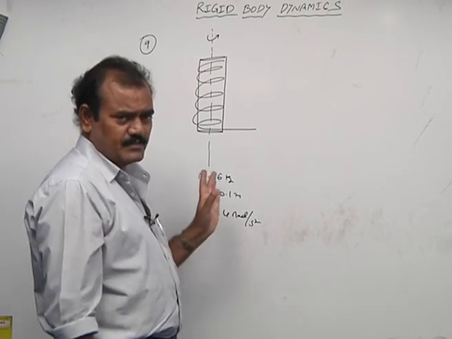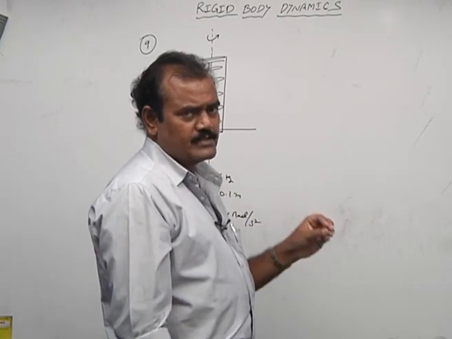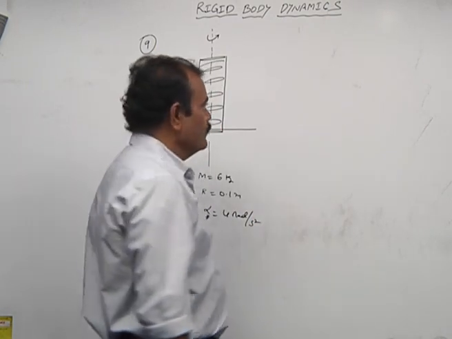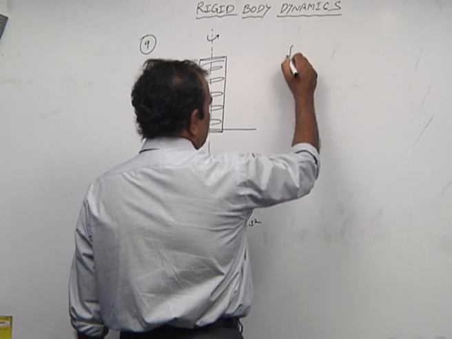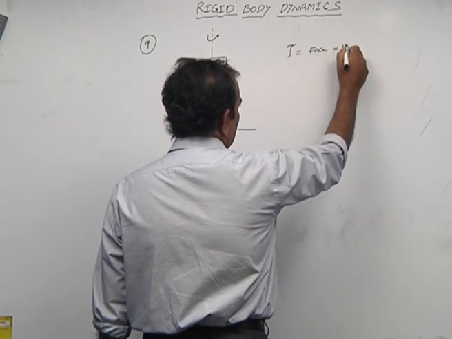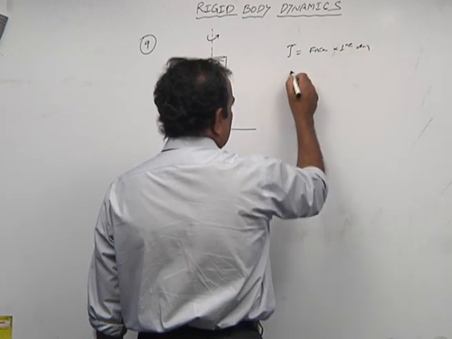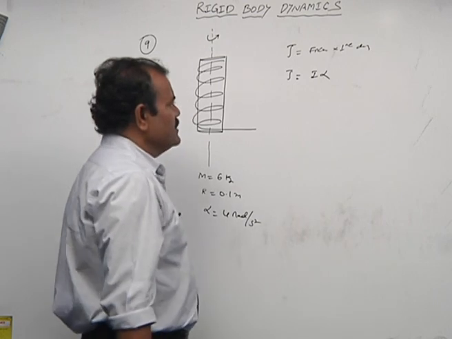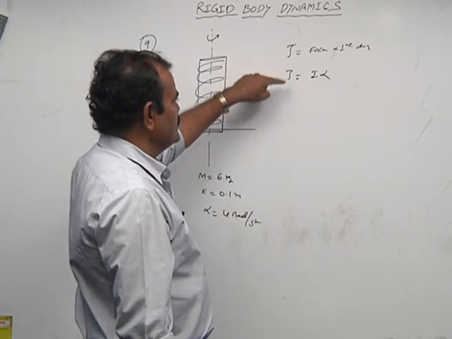Here is the simple concept. In the majority of the problems of rotatory motion or rigid body dynamics, we apply this concept: torque is equal to force into perpendicular distance is one formula, and torque is equal to I alpha is another formula. The majority of the problems are based on these two concepts.